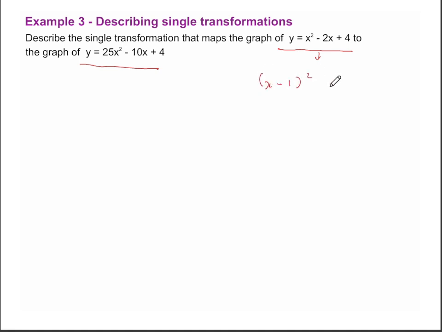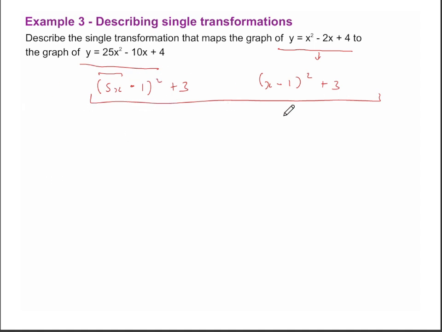And I've shown this before, so I'm just going to do it straight away. (x minus 1) squared plus 3. And here, (5x minus 1) squared plus 3. Okay? And that's a completing the square of both. Obviously, this is a different type of completing the square, meaning I made the changes to the x, but this is what you would get.